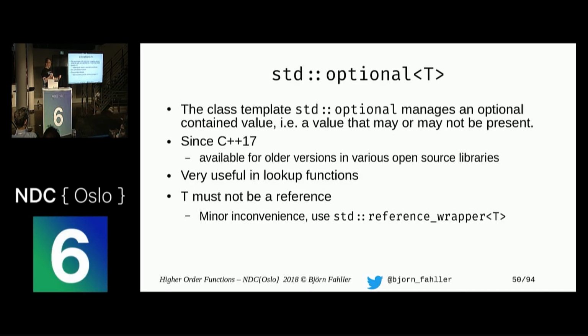Does it mean I'm assigning to the thing that my optional refers to? Or do I mean that I'm rebinding the reference to something else? So to err on the safe side, the standardization committee decided to not support it. There is this odd thing called std::reference_wrapper that you can use instead. It's not that big of a problem, a little bit annoying, but hey.